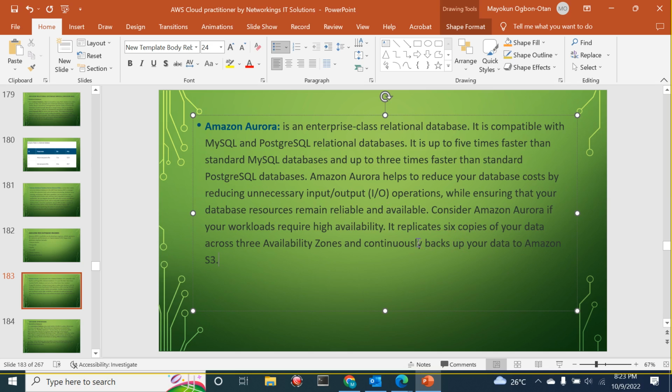So if you're looking for high availability and reliability, Amazon Aurora. And remember, it is an enterprise class relational database. You can have a question in that regard that says, which of the following is an enterprise class relational database? You will now see Amazon RDS, Amazon Aurora, then other options. So understand that. And who can tell me the difference between an enterprise class and a client end class relational database?